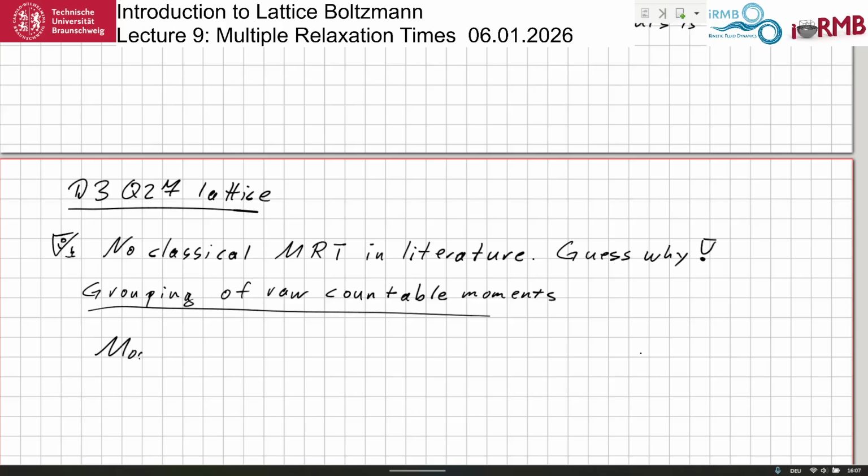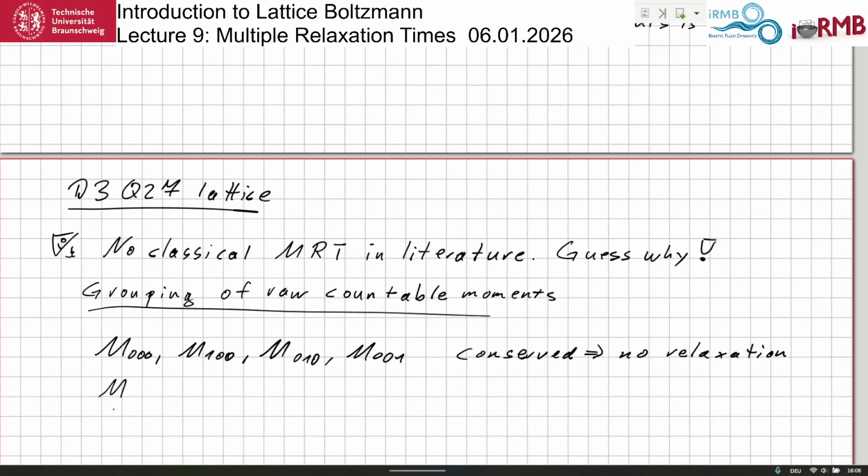We have M000, M100, okay, I'll not repeat everything now, but M001. So these are all conserved. So these things do not need any relaxation. There may be forcing terms that make things a little bit different, but we are not talking about this today.